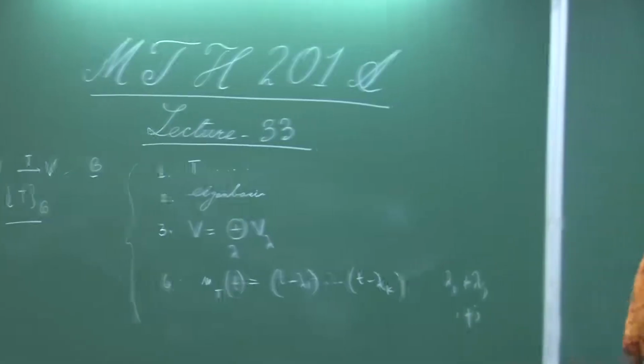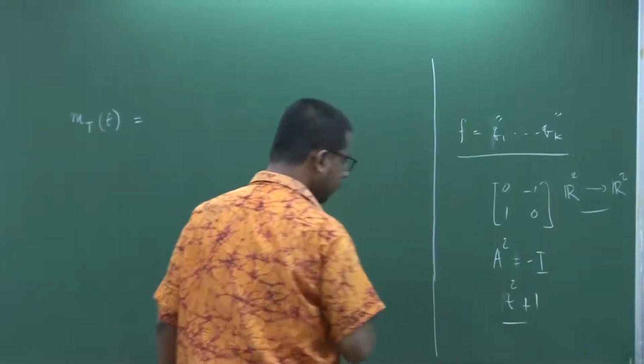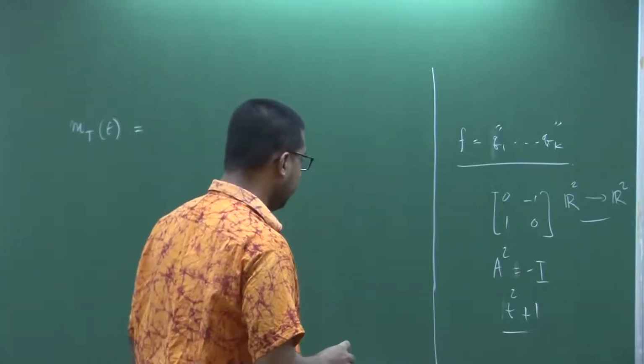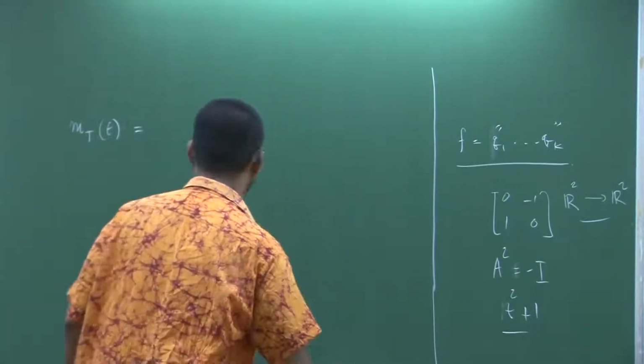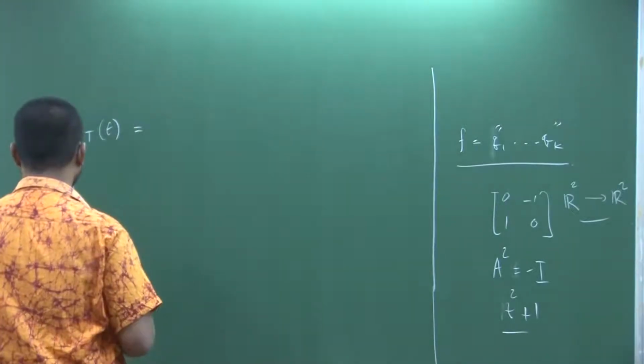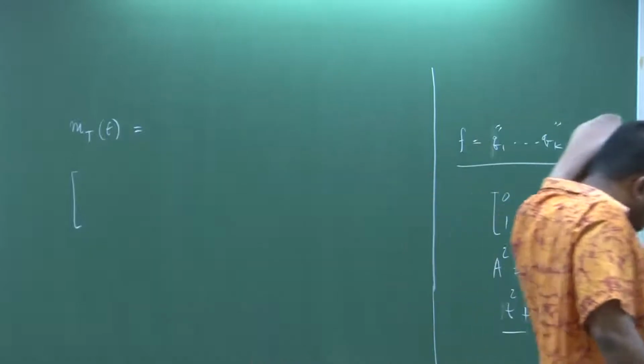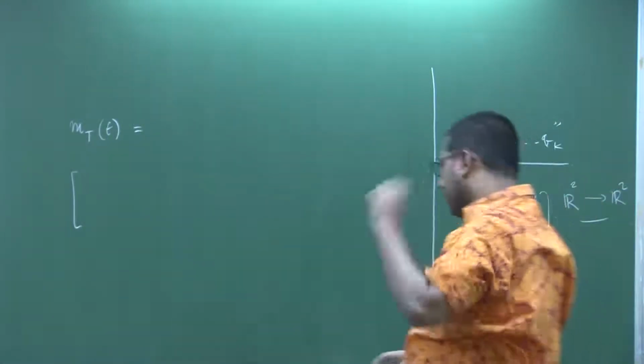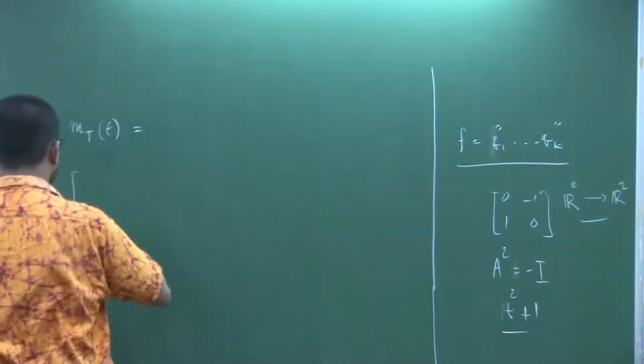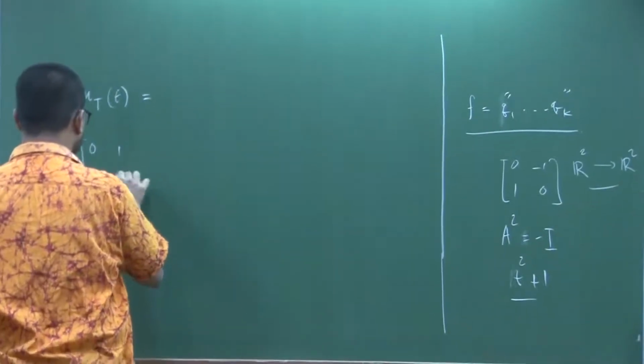For example, we wish to have a repeated root here, therefore a better way of doing that is the matrix 0 0 1 0.